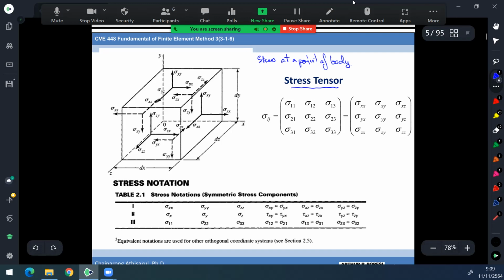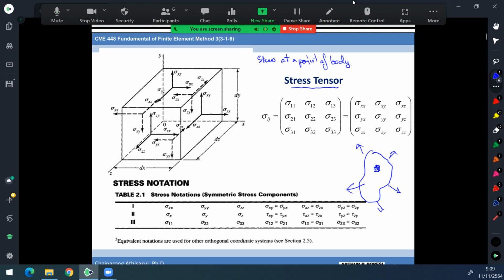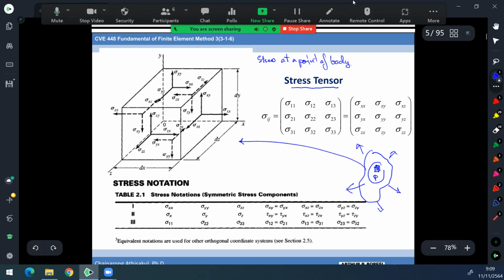Okay, you may imagine that you have a body that is subject to a force system, and let's consider some point inside the body. If we focus on the point inside the body, for example this point P, if we zoom in to here.